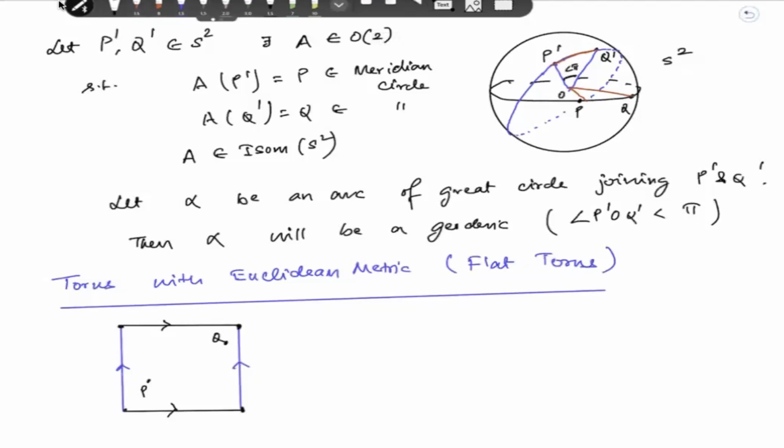One can think that you just join P and Q by a straight line.